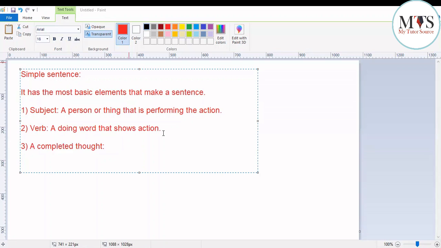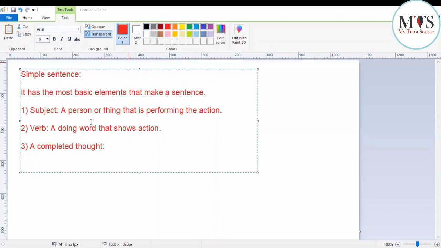In order for a sentence to have a complete thought, it's important that the sentence has a well-defined subject and verb. So if the sentence does not have a well-defined subject or a verb, that means it doesn't have a complete thought, because the person or the thing needs to perform a certain action.